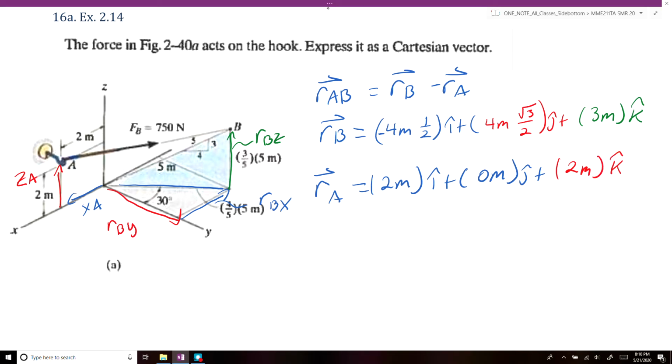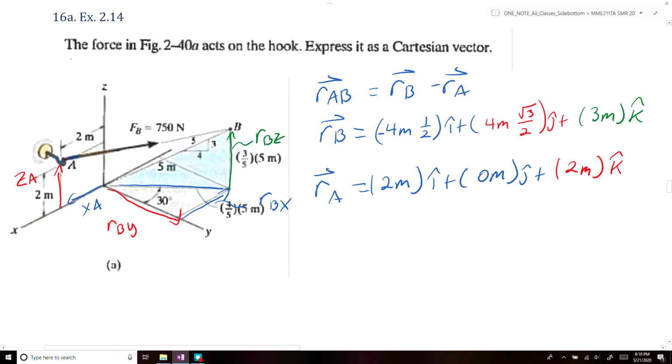So following our formula, we can just subtract our x components, y components, and z components to get RAB. If we do that, we get minus 2 meters i, plus 4 meters radical 3 over 2, minus 0 meters j, plus 3 meters minus 2 meters k.